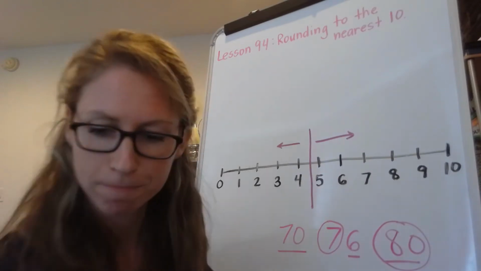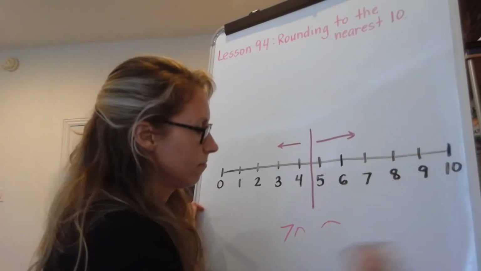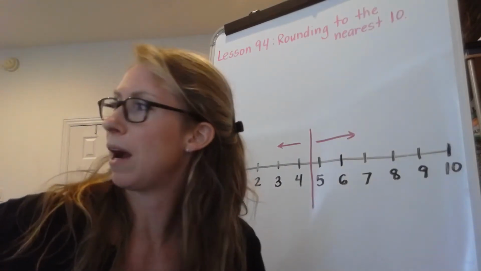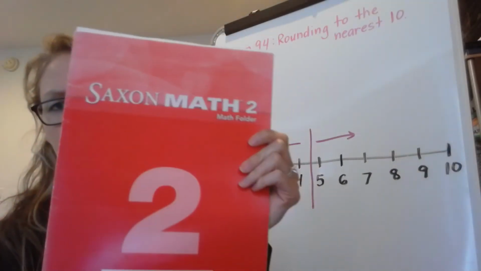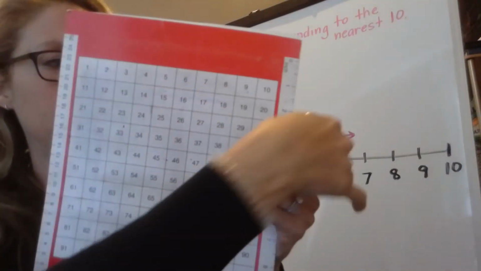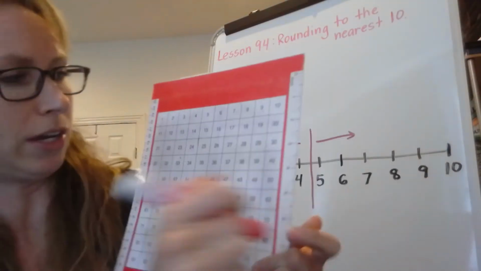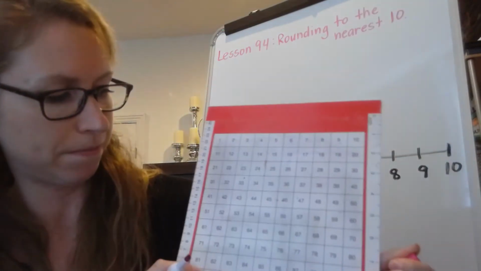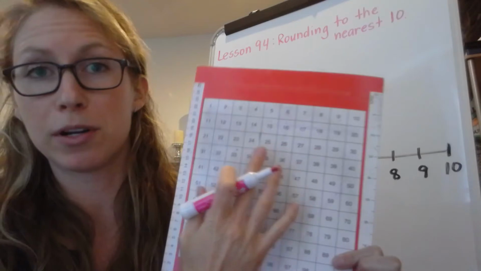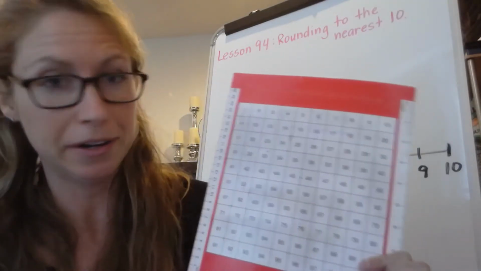Now, pull out that 100 number chart on the back of your math folder. So I have my math folder. And on the back of my math folder, we have our 100 number chart. And you'll notice in our 100 number chart, it has all numbers from 1 to 100.